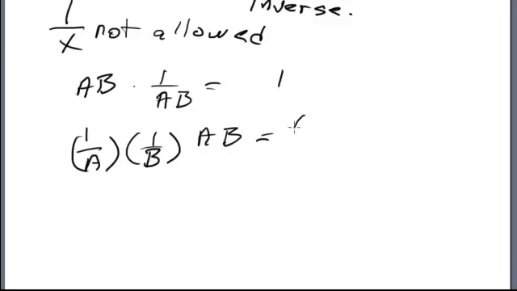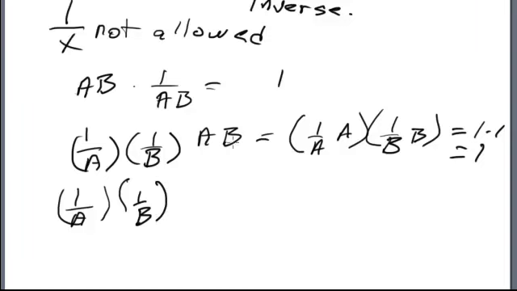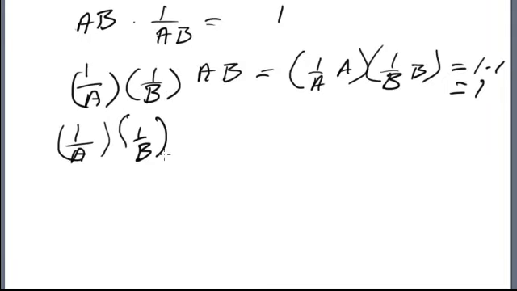So that's equal to 1 over A times A times 1 over B times B, and that's just equal to 1 times 1, which is equal to 1. So what we've proven is that this is the multiplicative inverse of AB, and part of commutative ring theory is that multiplicative inverses are unique. So from ring theory we know that that has to be equal to 1 over AB.